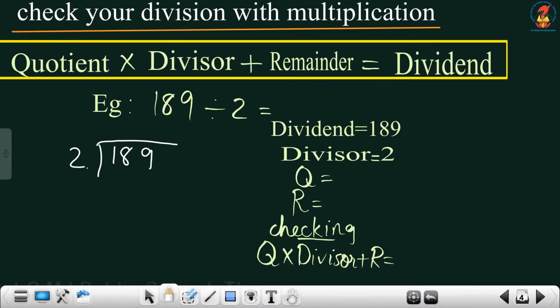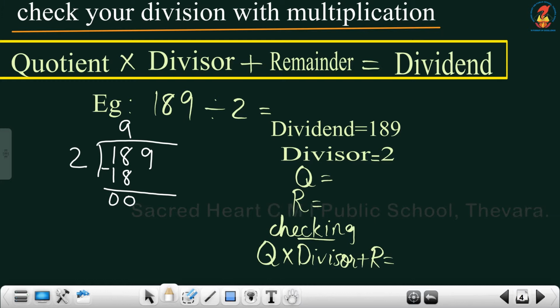I will give you one example, that is 189 divided by 2. 2 into first digit is what? First digit is 1. 1 is less than 2, so I need to consider 2 digits together. First 2 digits together, that is 18. 2 9s are 18. And the subtraction, 8 minus 8 is 0, 1 minus 1 is 0.